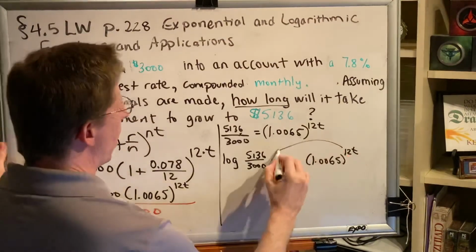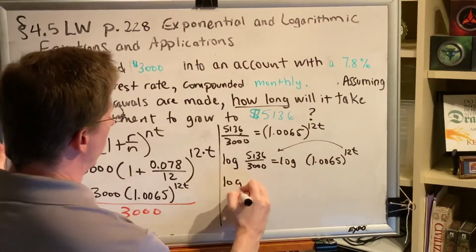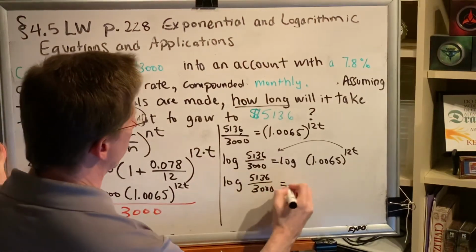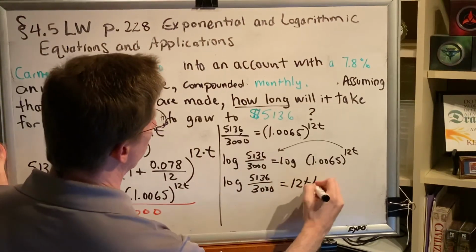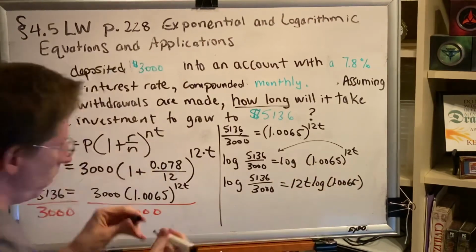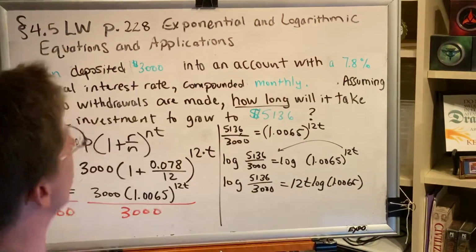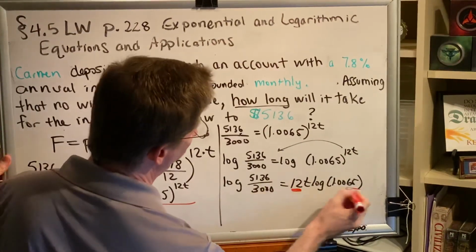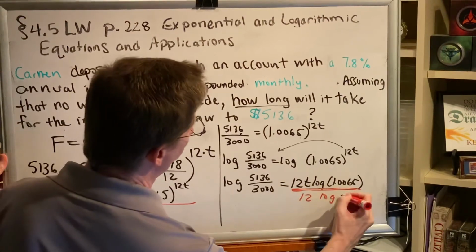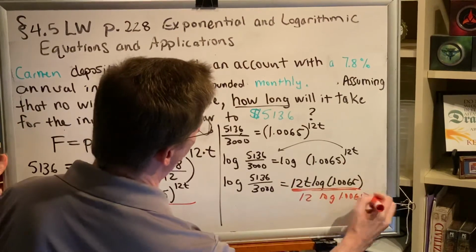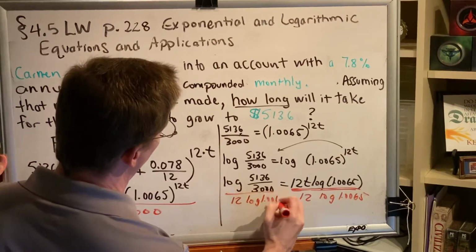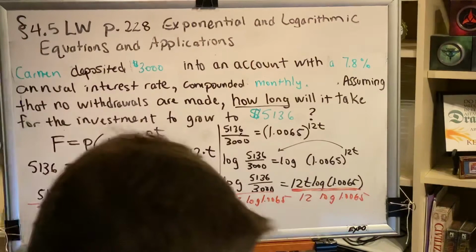Using the power property, I move the 12t to the front of the log. And then I get rid of the multipliers. The multipliers are this 12 and this log. So I divide both sides by 12 log 1.0065. And I get my final answer.